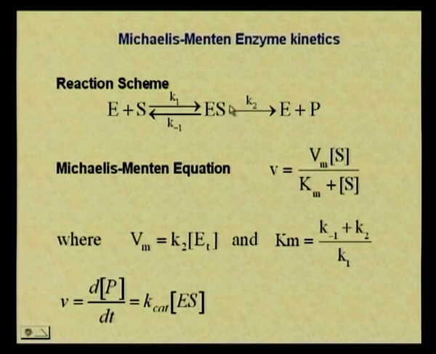Now, in this enzyme substrate complex we have an equilibrium, what is called a pre-equilibrium step, which then finally dissociates into the products E plus P. Now, you recognize that the enzyme is a biological catalyst. So, the enzyme retains its structure so that it can further bind another substrate to transform the substrate again to the product.